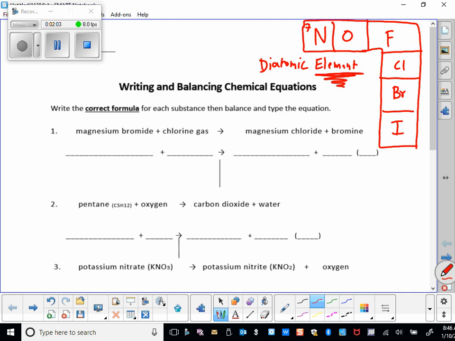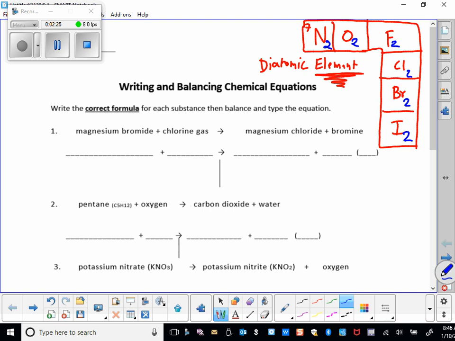Mono, di, tri, tetra. What does di indicate? 2, right? So what that means is, we will write a 2 underneath these elements when they are in their elemental state, not when they make a compound.